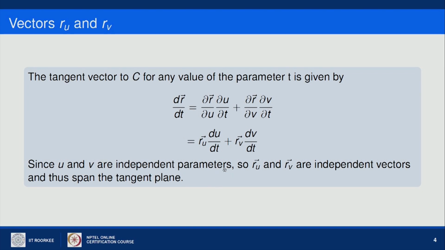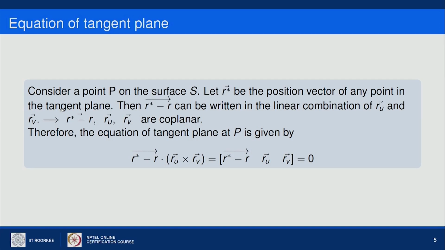Here u and v are independent parameters, so r_u and r_v are independent vectors, and any vector in the tangent plane to the surface at a given point P can be written as a linear combination of r_u and r_v. Hence these are two vectors in the tangent plane. Consider a point P on the surface S. Let r star be the position vector of any point in the tangent plane.